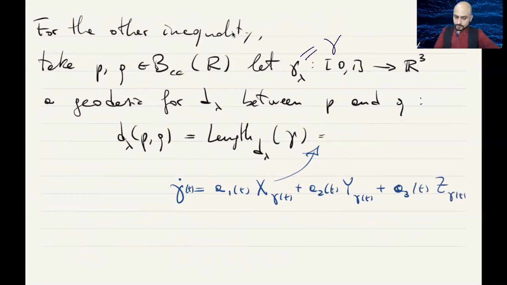The length of this curve is the integral between 0 and 1 of the square root of, so X and Y have length 1, so this is a1 squared plus a2 squared. But now Z does not have length 1.